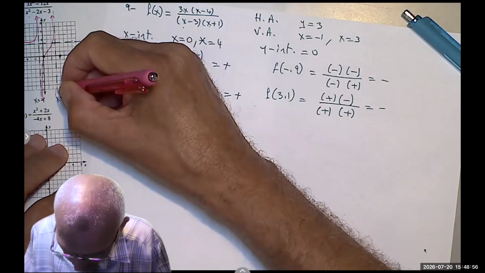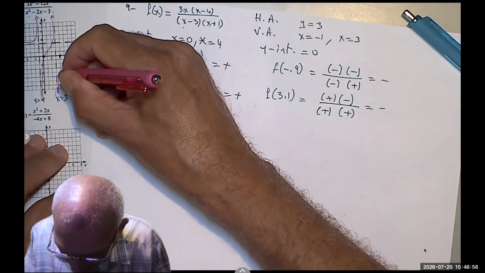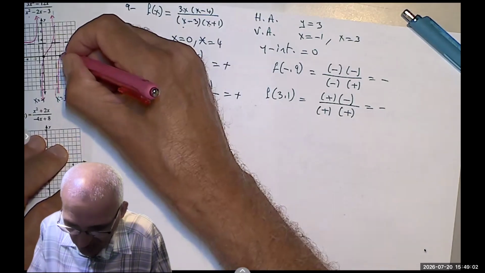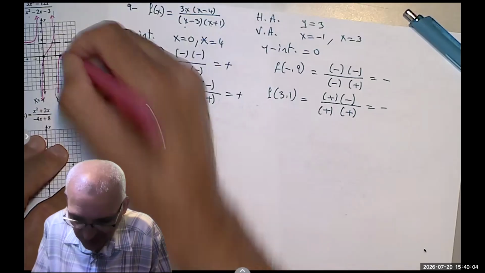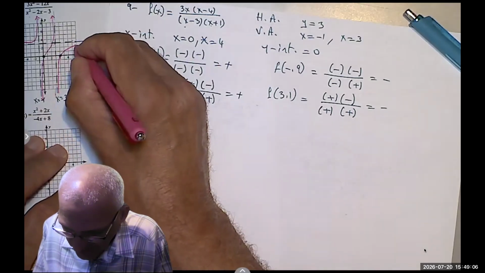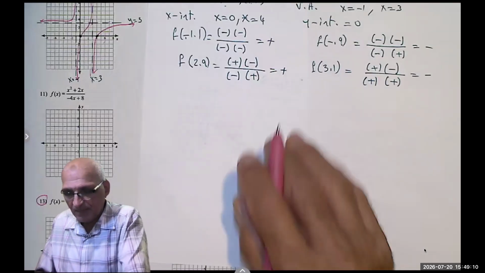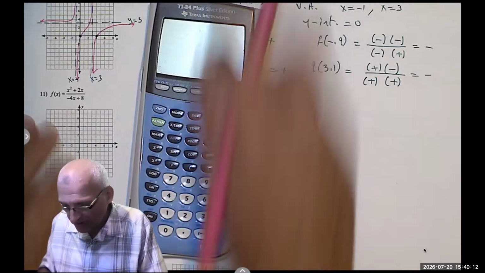So I will go from here, and we knew that we have to cross this, so it has to be below, because here it doesn't pass through this point. So that's how it should look.